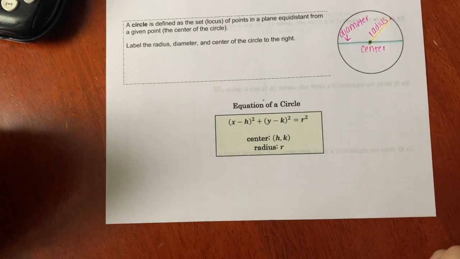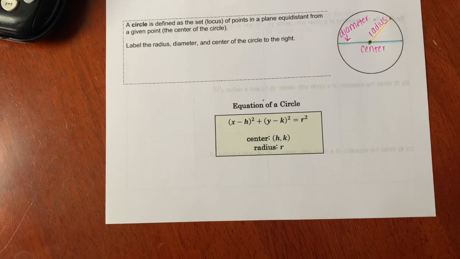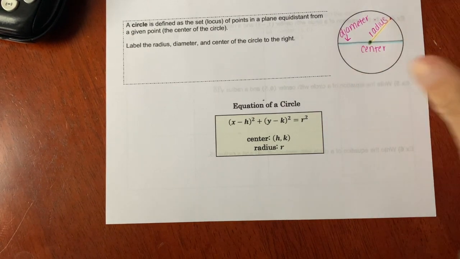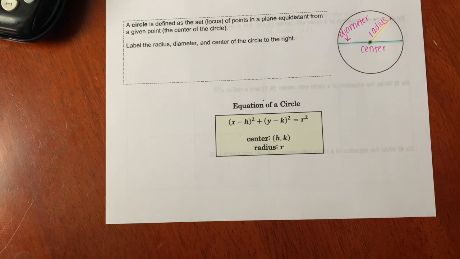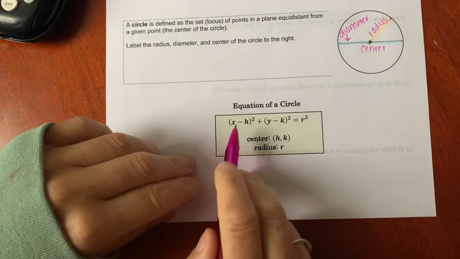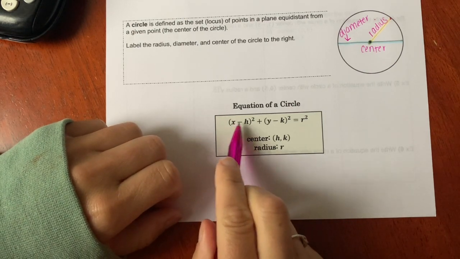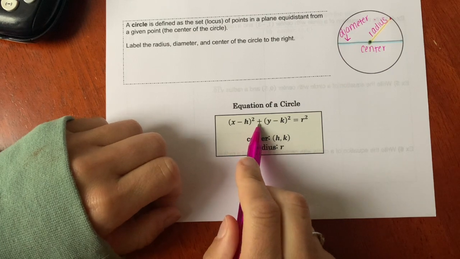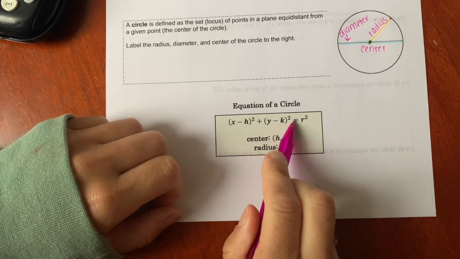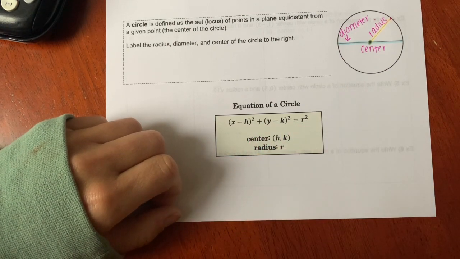So we're going to be focusing on how to find the center and radius, okay? So not in picture form, but in equation form. And what you're going to have to understand how to read is the equation of a circle. So your basic format for the equation of a circle is (x - h)² + (y - k)² = r².